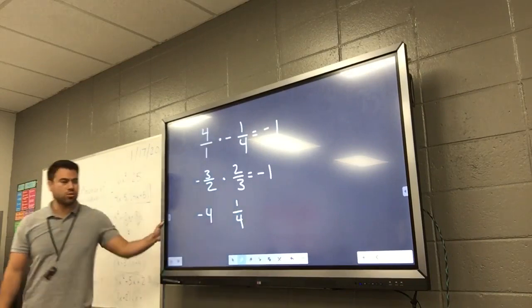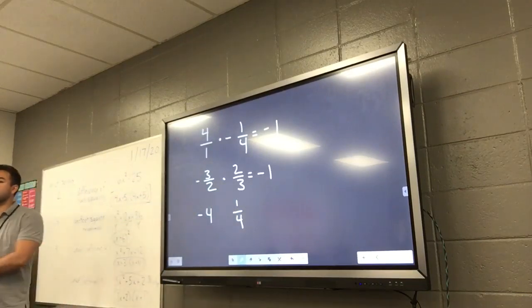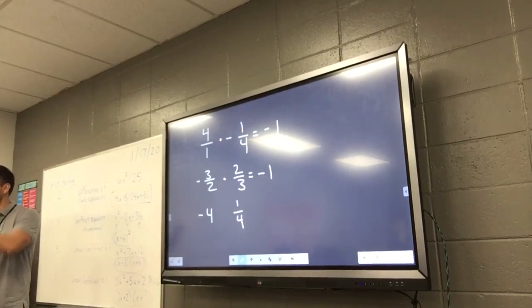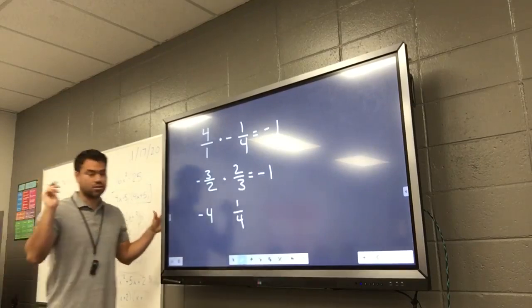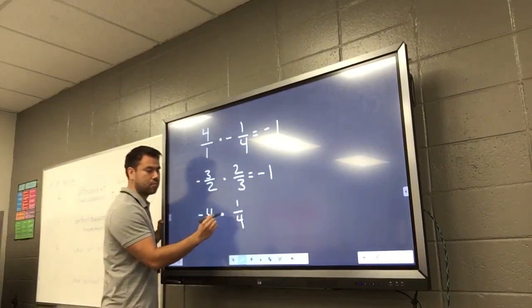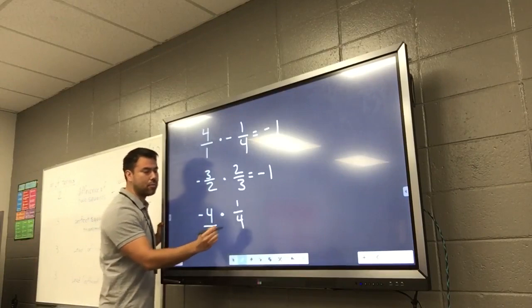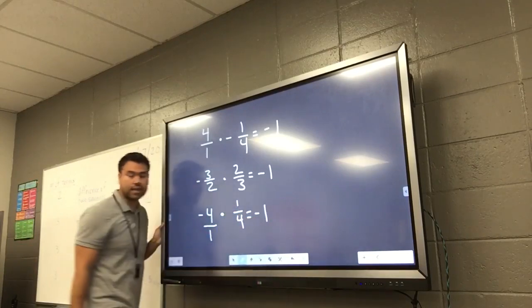Are these two, negative 4 and positive 1/4, negative reciprocals? How do I know, other than doing this in my mind? They have to do this mathematically. When you multiply, what do I get? Negative 1. Okay, you guys get that?